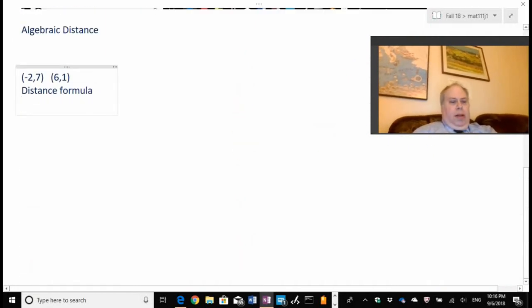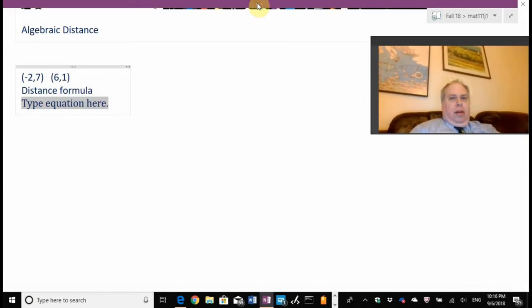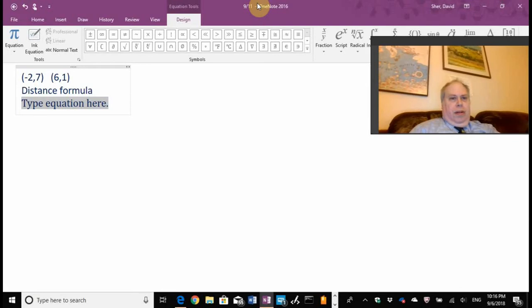Now the distance formula looks like this. I need a big square root here.